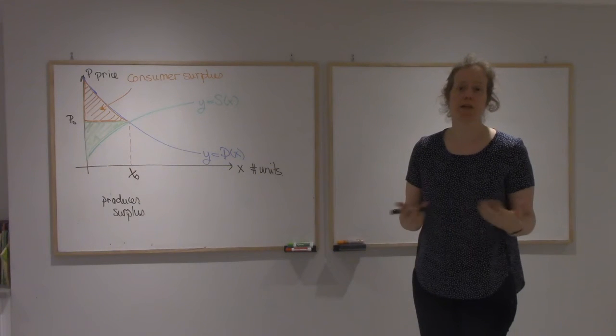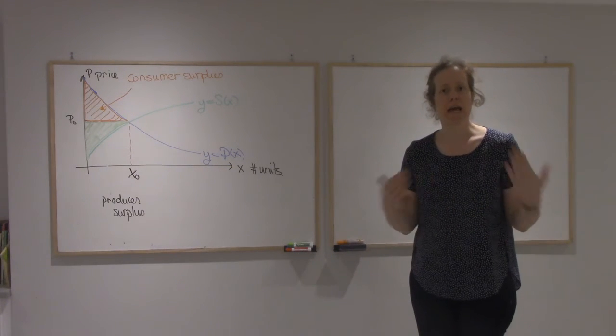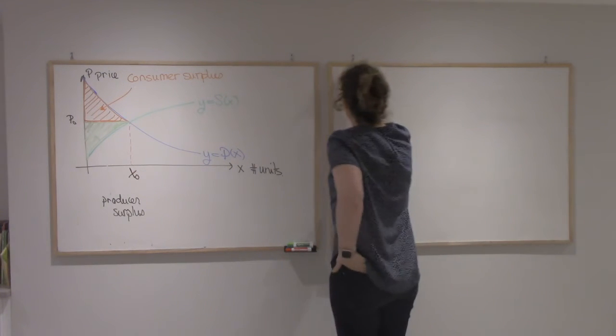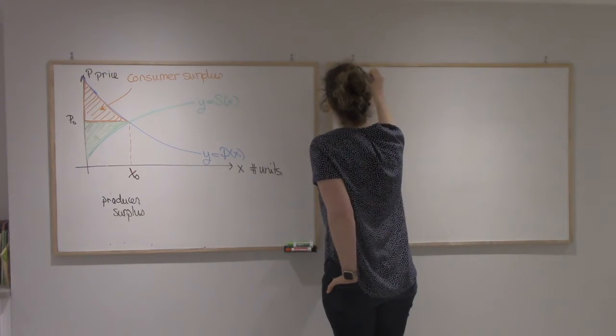In this class, we spend a lot of time dealing with area and computing areas using integrals. That's what we'll need here as well. So let's make the math definition.